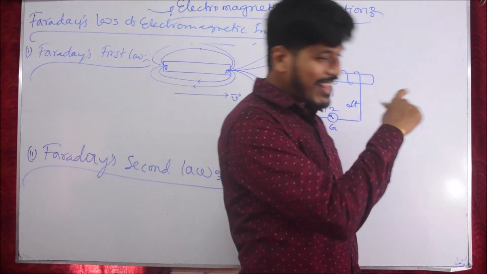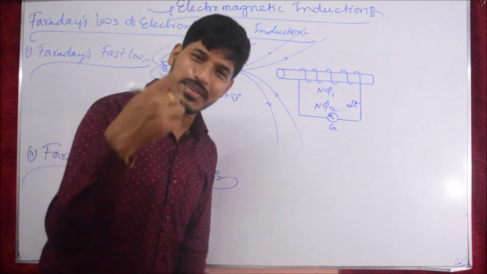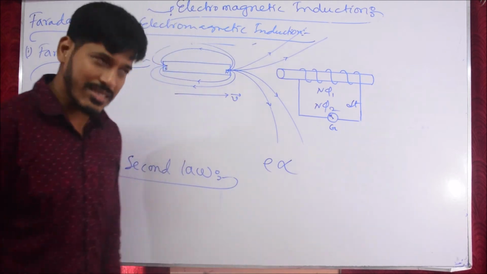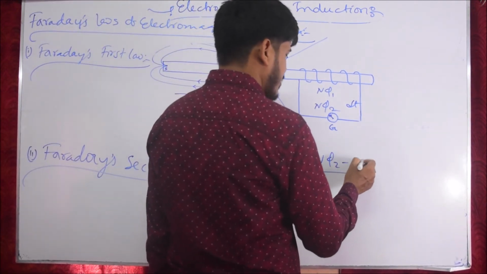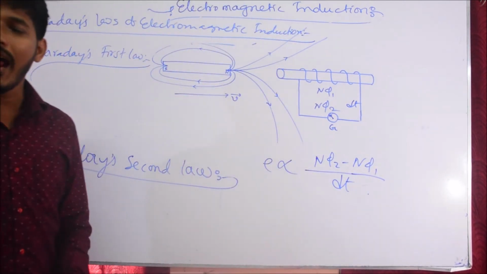If the magnetic flux changes from N phi1 to N phi2 in time dt, then your induced EMF is directly proportional to N phi2 minus N phi1 by dt. Right?